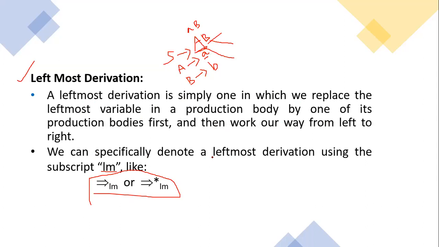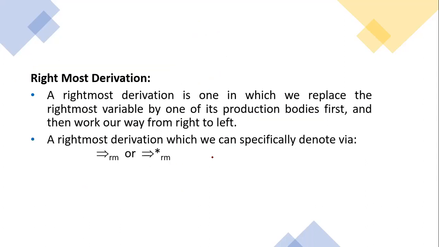We will see it with an example, then it will be clear for you. This is the rightmost derivation. For example, here I have the productions S tends to ASB, and S tends to epsilon.